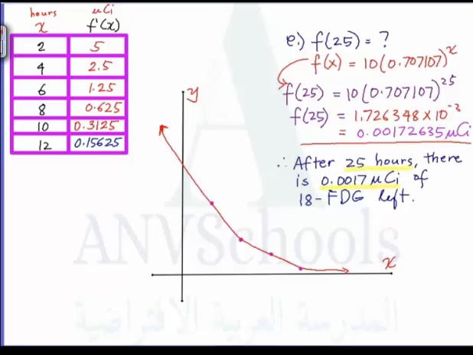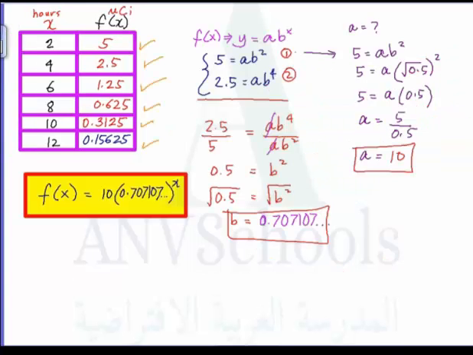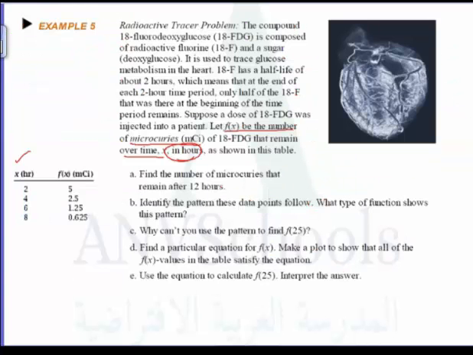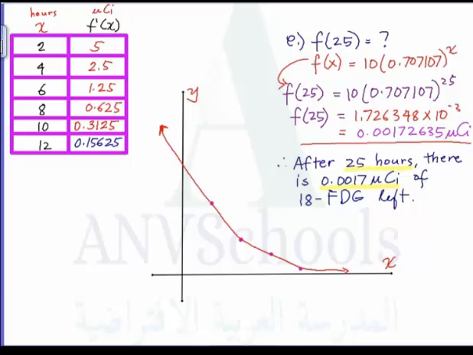But let us go back to letter D. Letter D is asking for a particular equation for f of x. So a particular equation, meaning that there are other equations that could model the same type of problem. So depending on the kind of situation that we are dealing with, we can actually get another equation.